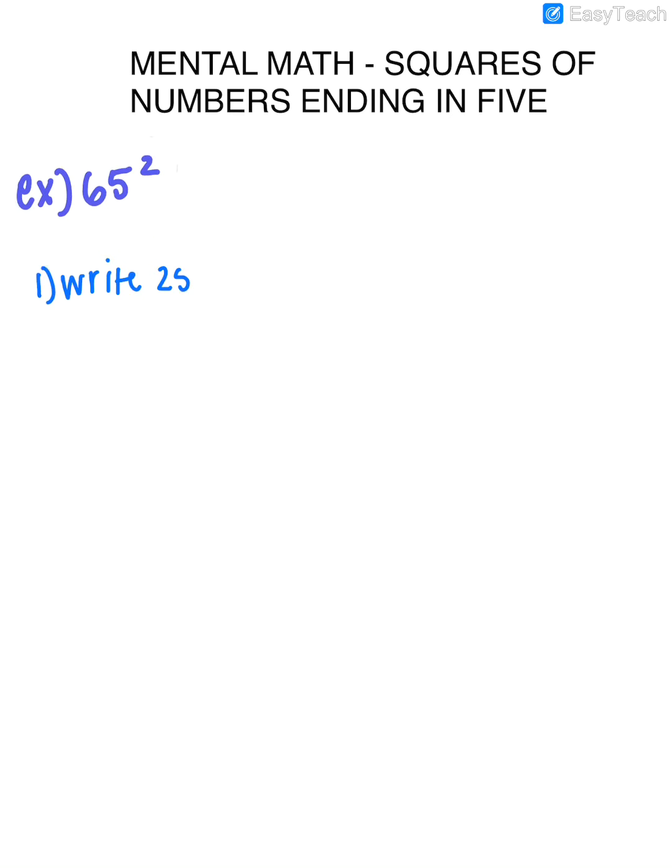And then the next step is to take the first number and multiply that times the first number plus 1.